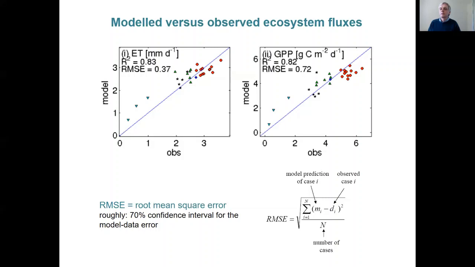If all of the points fell exactly on the one-to-one line, we'd be absolutely astounded. And we don't expect that, but we do hope to see that the points fall fairly neatly with a little bit of scatter around the one-to-one line, meaning that the model is not biased and that the errors are sufficiently small. What's sufficient? Largely a subjective question.